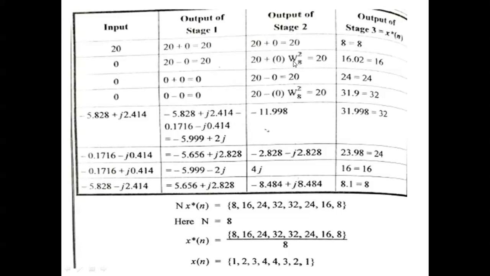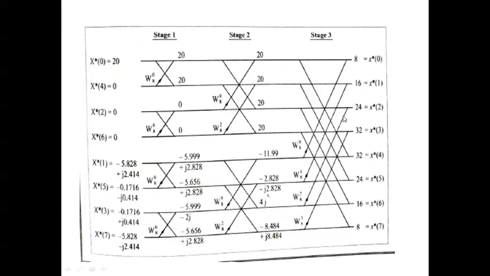You have to expand the twiddle factor W, e power minus j 2 pi k n divided by N, and take its complex conjugate also. So 20. Similarly, you have to calculate every stage.